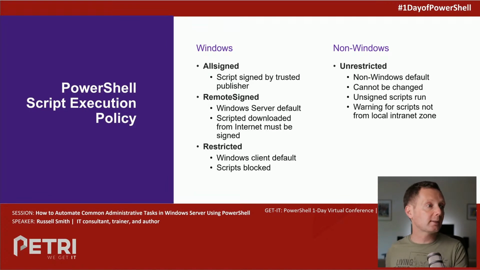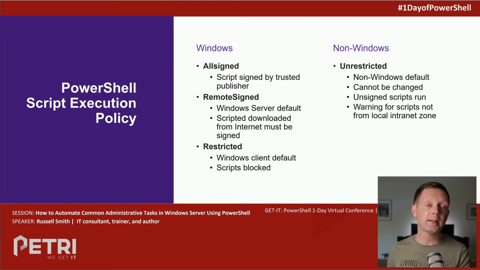But here you can see that there are a couple of different execution policies in Windows. You've got AllSigned. So everything should be signed by a trusted publisher, regardless of whether the script was downloaded from the internet or whether it's a script that was created locally. RemoteSigned is the default execution policy in Windows Server. So this applies to anything that's been downloaded from the internet.